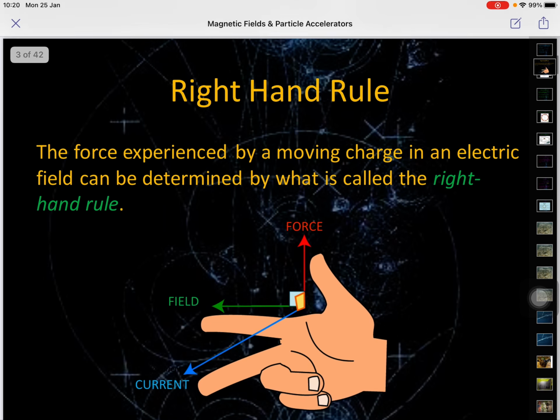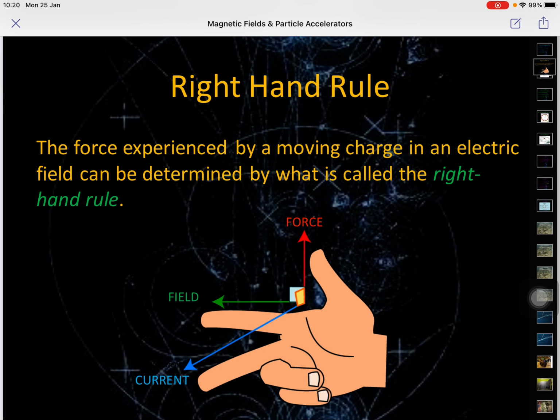Okay, now, the right-hand rule. This is something that you are going to have to be able to do for Higher Physics, which is use something called the right-hand rule. It's all to do with the interactions, because now we've got a few interactions. We've got charges moving, we've got magnetic fields, but we've also got a force experienced by the charge that we talked about last week.